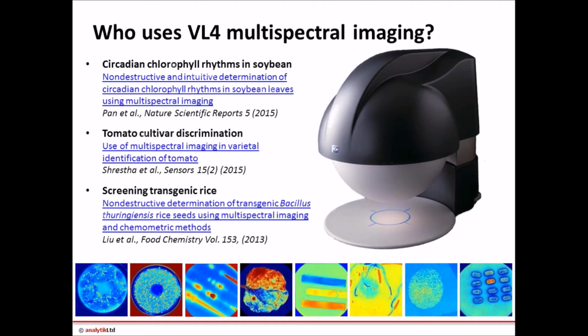So I think I'll go on and show you and talk a bit about those applications. In the plant science arena, so these are groups abroad that are using the VideometerLab. It has very wide applications. You can have a look at Google Scholar. Circadian chlorophyll rhythms, cultivar discrimination, screening seeds, transgenic seeds.